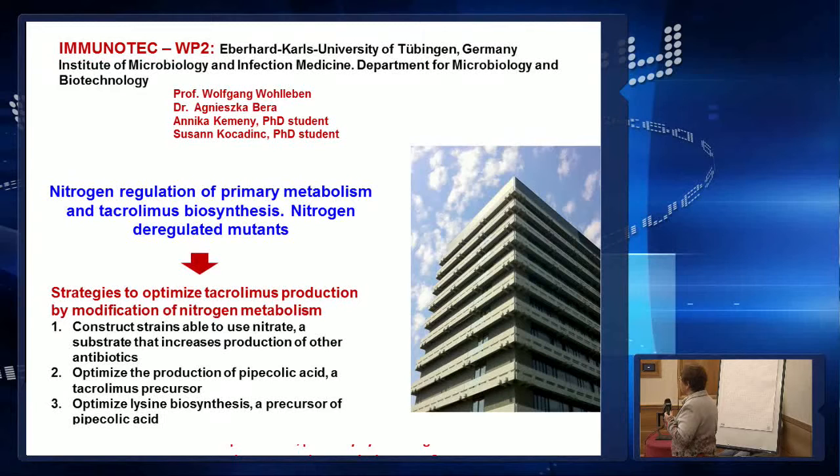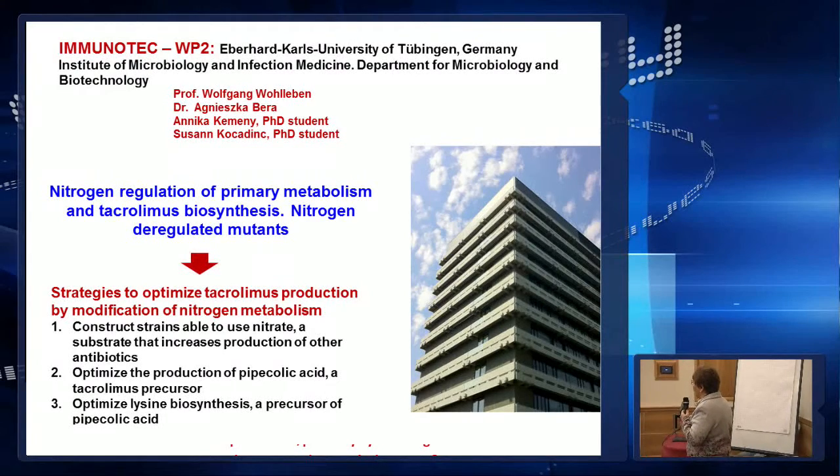Their strategy is to construct strains able to use nitrate, a substrate that increases production of other antibiotics, optimize the production of pipecolic acid, which is a tacrolimus precursor, and also optimize lysine biosynthesis, which is a precursor of pipecolic acid.